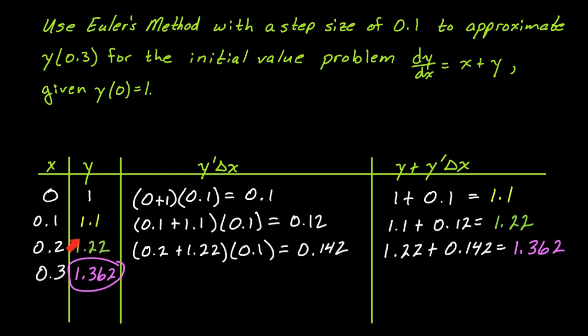That becomes the new y value. And then once again, we're just repeating this process. And on the last one here, we have 1.362. When that carries over, that is our new y value, which is the approximation of y when x is 0.3.